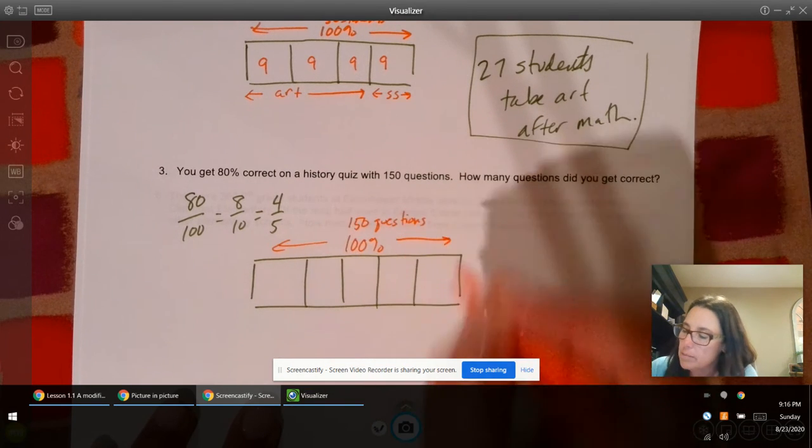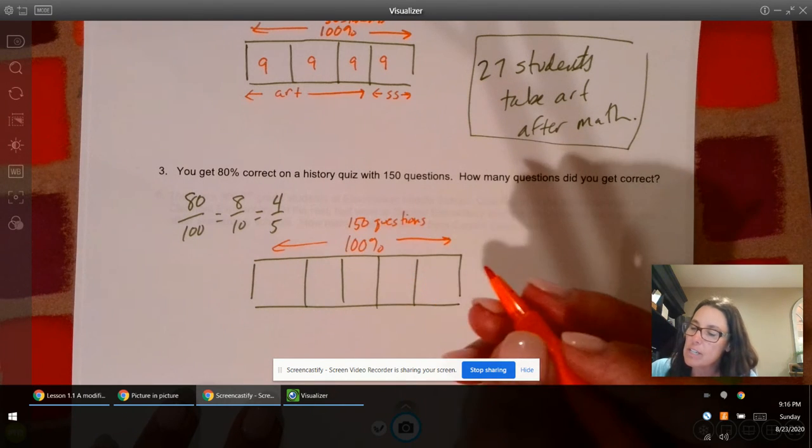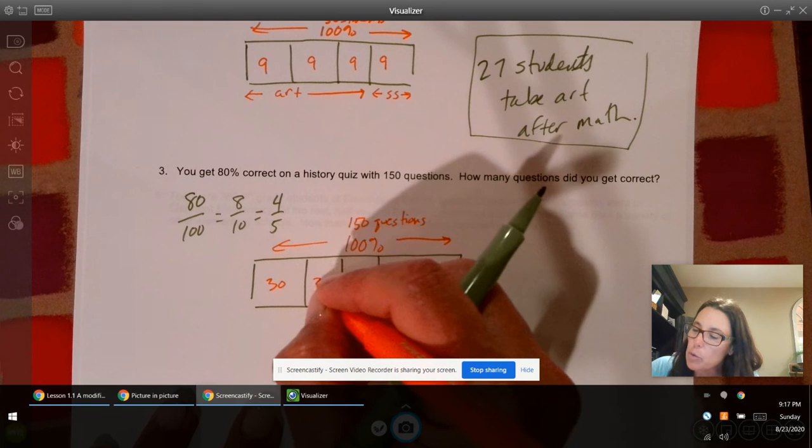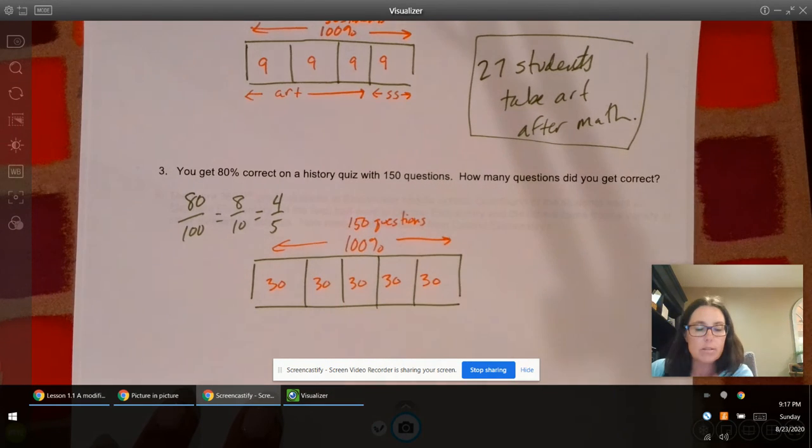That's the whole thing. If 5 boxes add up to 150 questions, 150 divided by 5, there would be a magic number of 30 questions in each box.